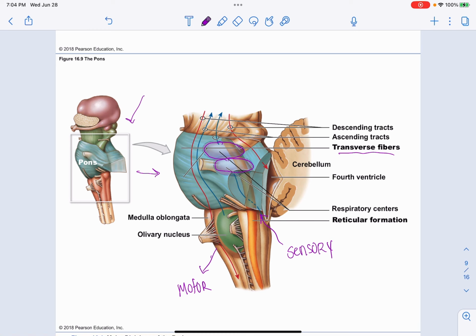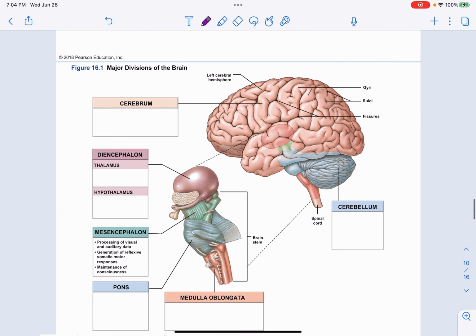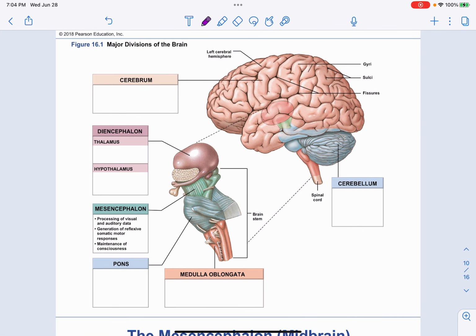So now we're going to leave the pons and move on to the mesencephalon. All right, and remember that the mesencephalon is the midbrain, and this is where things get really interesting. So we've already talked about the importance, and it's definitely important to have functional control over the cardiovascular and respiratory systems. But things are going to get a little bit more complicated here in the mesencephalon.